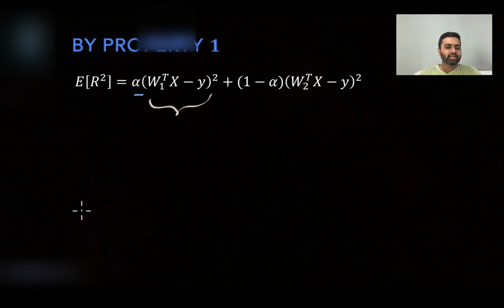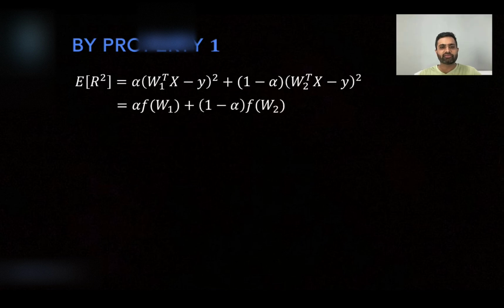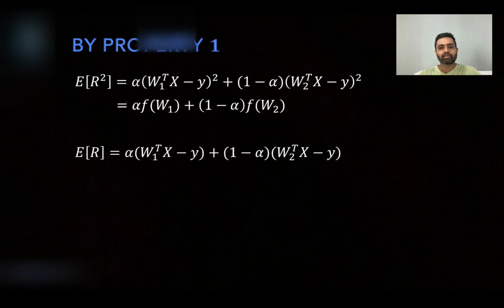This is just the f value evaluated on W1. That's how we have defined r and f. So this entire term becomes alpha times f of W1 plus 1 minus alpha times f of W2.